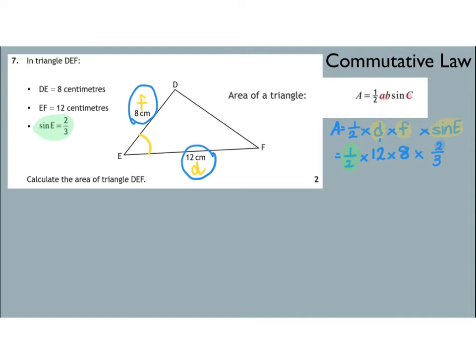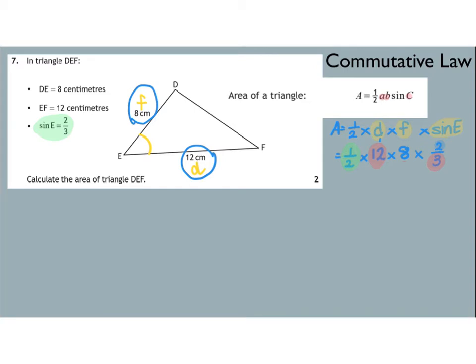I also noticed that we have got a third on the bottom here. We've got 2 on the top, but on the bottom we're going to divide by 3. So if you look at these two numbers here, they can both be divided by 2, but is there one of them that can be divided by 3? And that one can be divided by 3. So I'm going to save the 12 for working with the 3.